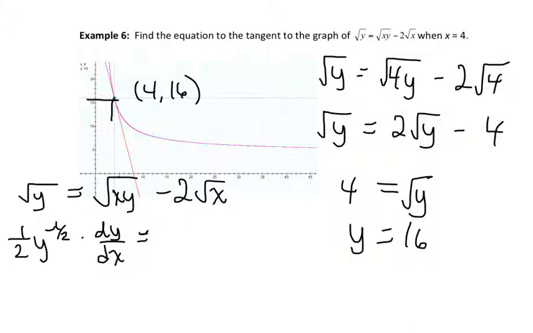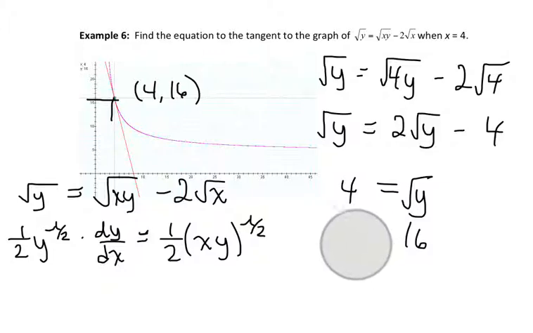This is chain rule hidden in product rule. So we've got a half times the inside, xy to the negative half, and now we need to multiply by the derivative of the inside, and that's our product rule. So I need some space here. I'm going to move this y equals 16.